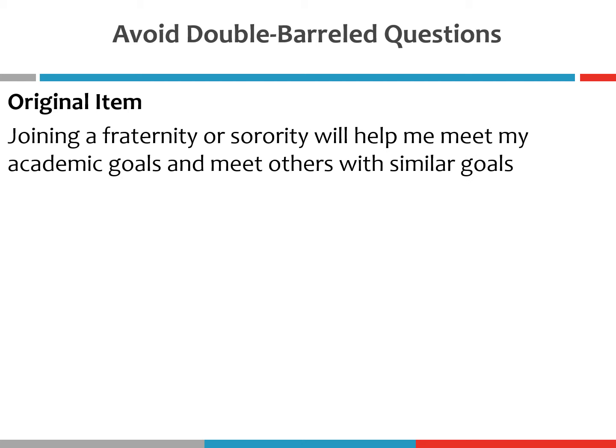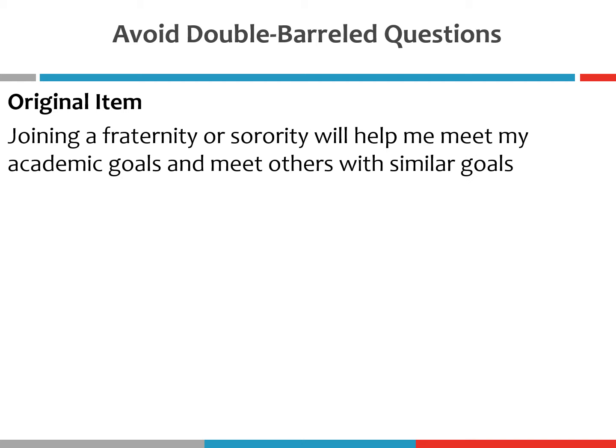Keep in mind that we are using a scale to measure participants' responses. If they have to answer yes or no, if it was a forced choice scale, or their agreement with a statement from 1 to 7 or 1 to 5 or what have you on a Likert scale, they can only give one response.